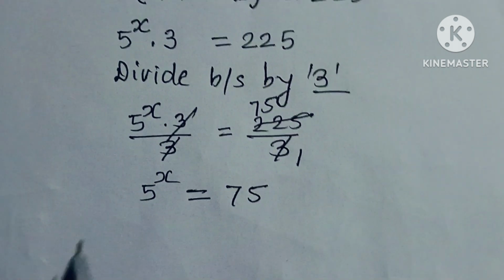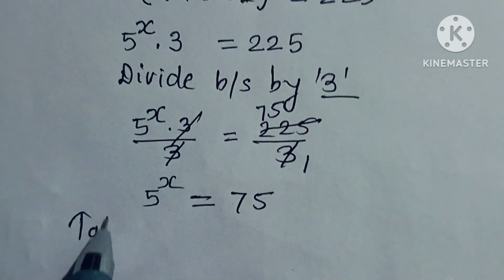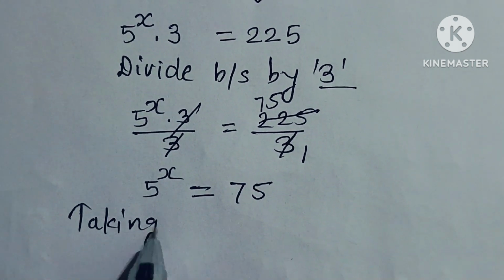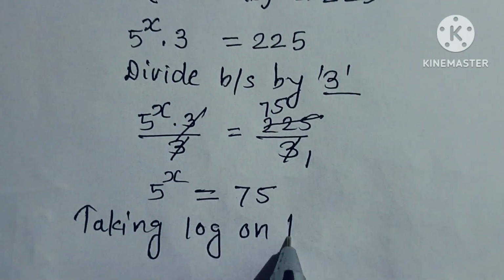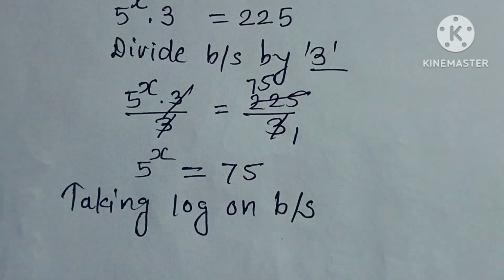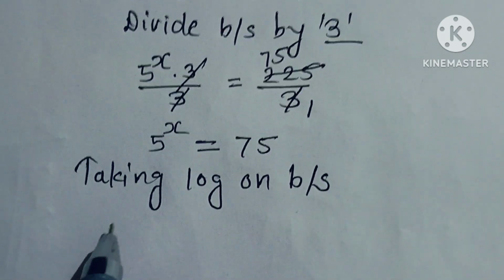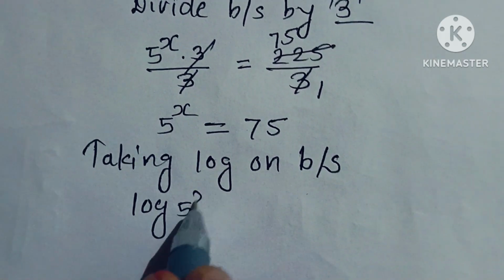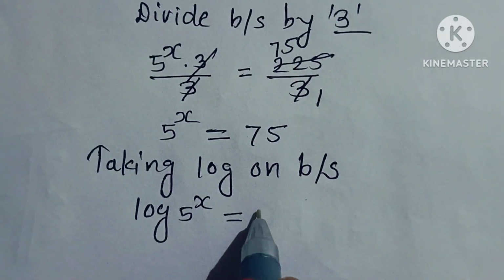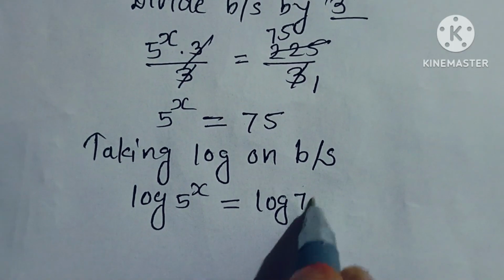Now taking log on both sides. Log of 5 raised to power x equal to log of 75.